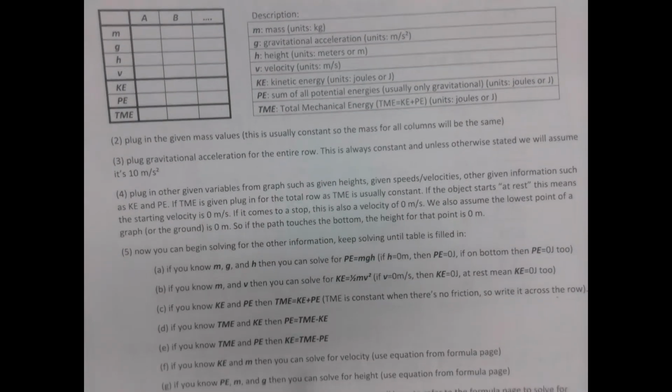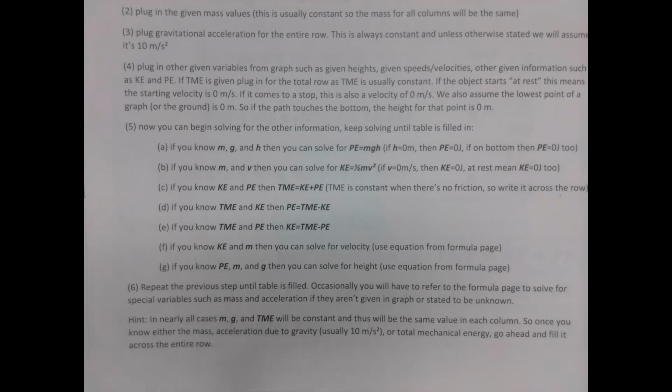You repeat all these steps until the table is filled. Occasionally, you'll have to refer to the formula page to solve for special variables such as mass and acceleration if they aren't given, or if they're stated in the problem as unknown.